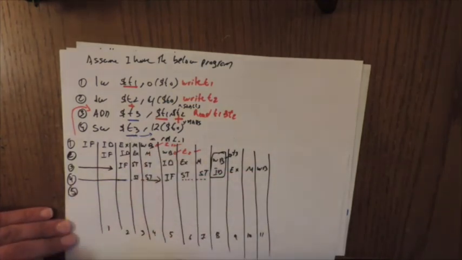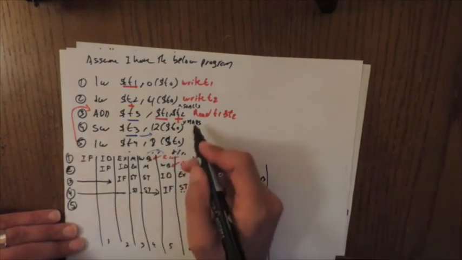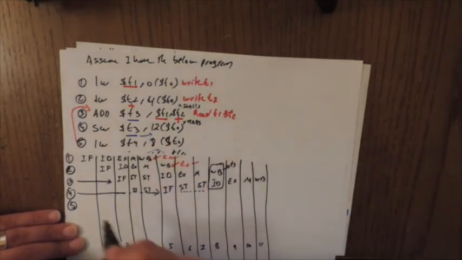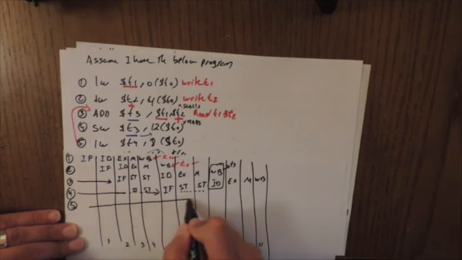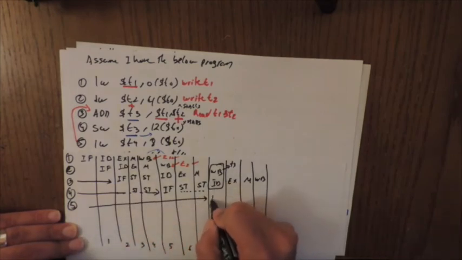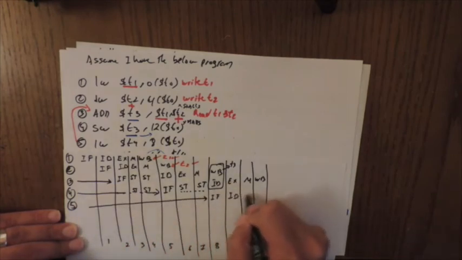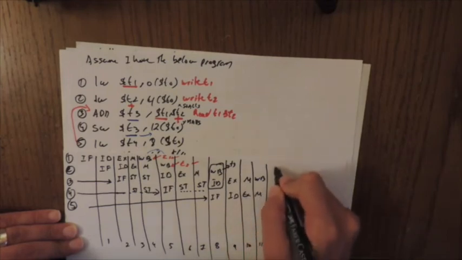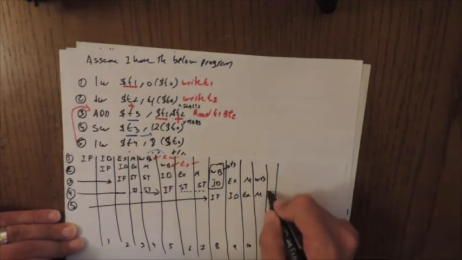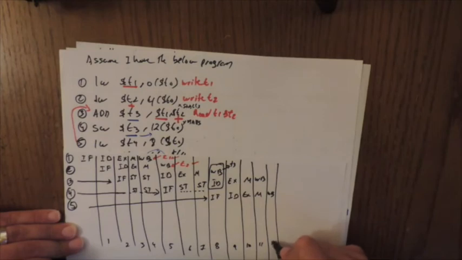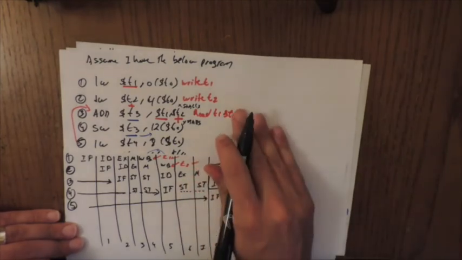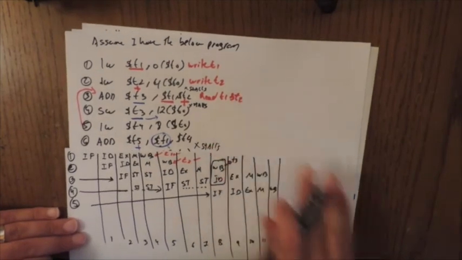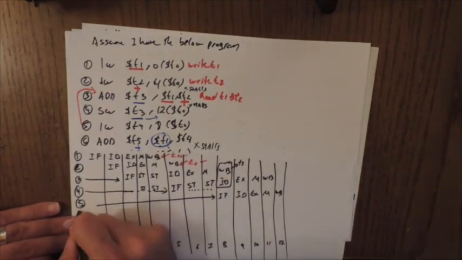The fifth instruction does not have any dependency, so we're gonna go ahead and start it, of course, here. IF, ID, EX, memory, and write back. So we are at cycle 12. We notice here there is no stalls because there is no dependency. Now we take a look at 6.